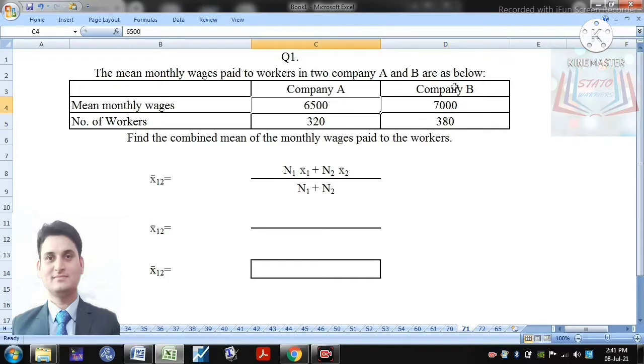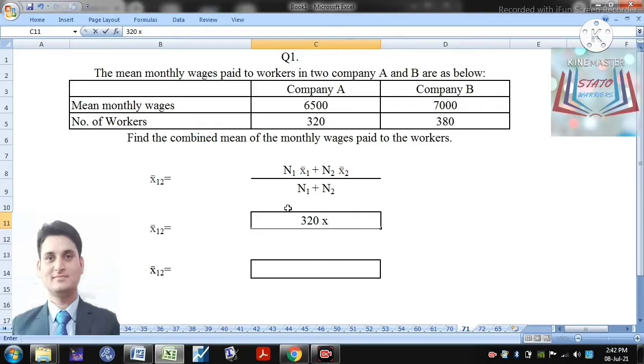So likewise we need to calculate the combined mean. As per the formula, because we have two groups, company A and company B, we'll use this formula. Here n1 is 320 multiplied by x1 bar, meaning the average monthly wages in company A, which is 6,500, plus 380 multiplied by 7,000, divided by the total number of observations, the total number of workers.